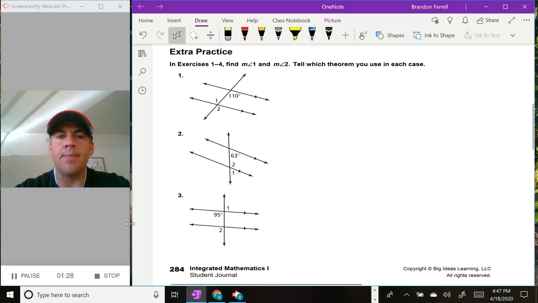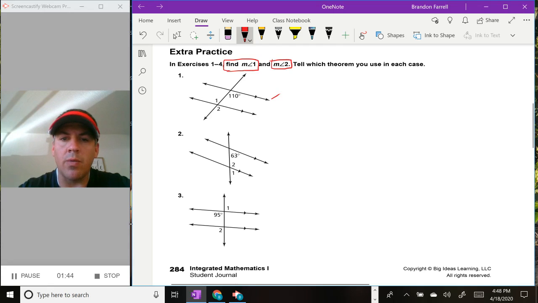So, taking a look right away, we'll just start here with number 1. The objective of the problem is to find the measurement of angle 1 and angle 2. This is a set of parallel lines. Parallel line 1 and parallel line 2 are right there, cut by this transversal right here.